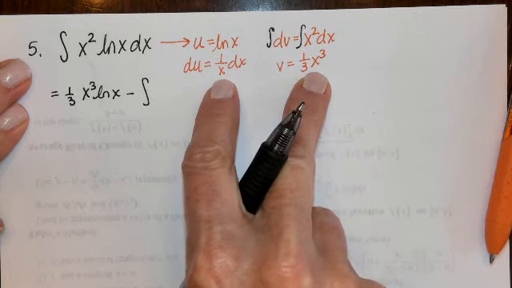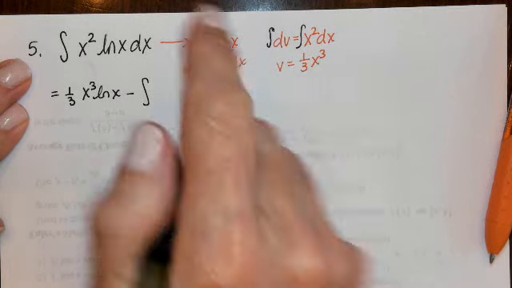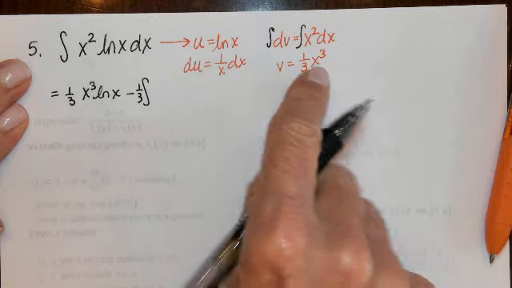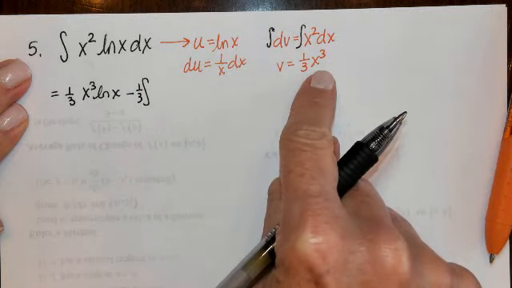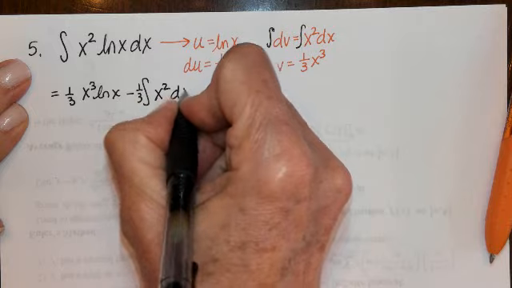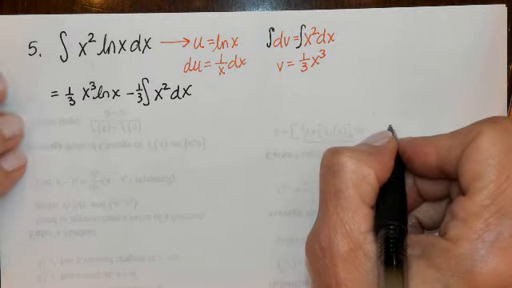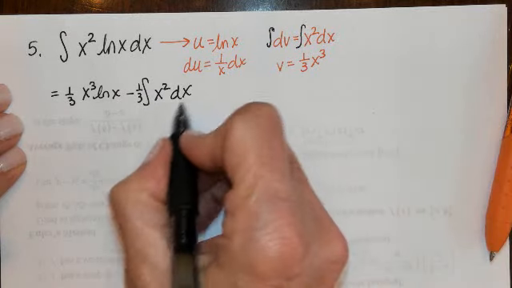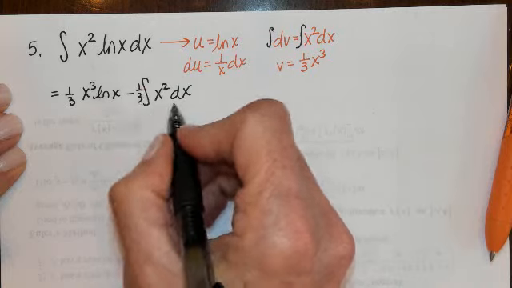Do you see what happened there? We're going to have the 1/3. I'm going to pull the 1/3 out front. And then I have 1 over x times x cubed. Well, what's 1 over x times x squared? Didn't that work out nicely? Yes, it did. Because we know how to find the antiderivative of x squared.